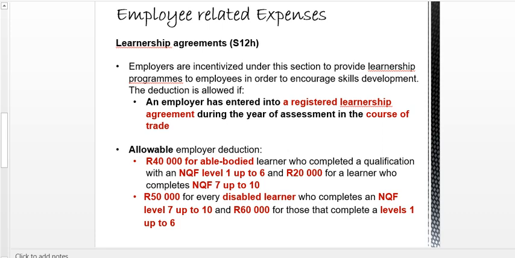So these are values that you need to learn and study. It's not difficult to remember them, but it's not a value you will get in a test. You need to remember the 40,000 Rand if it's an able-bodied learner, and 50,000 Rand or 60,000 Rand for disabled. Okay, so you need to study these values.